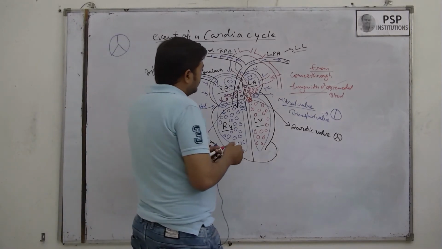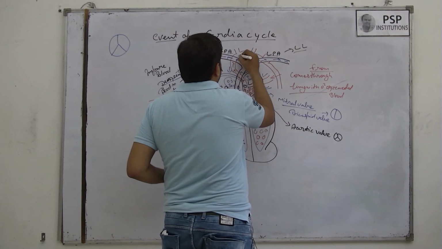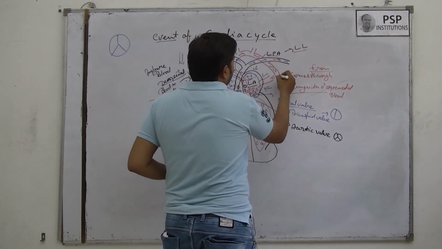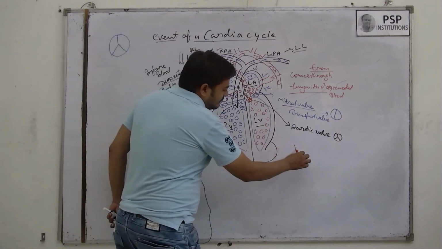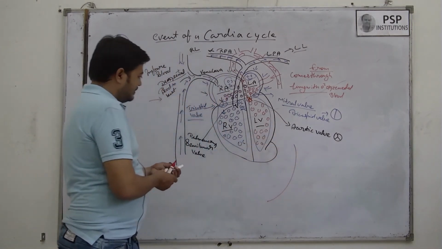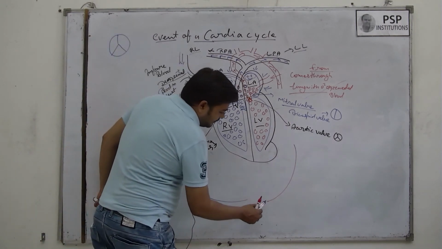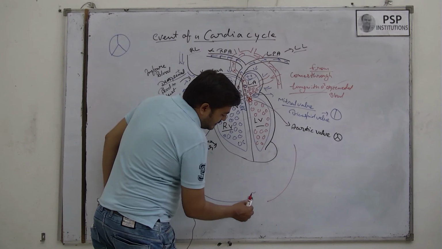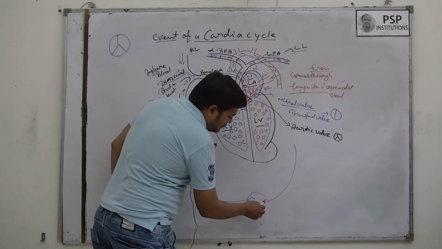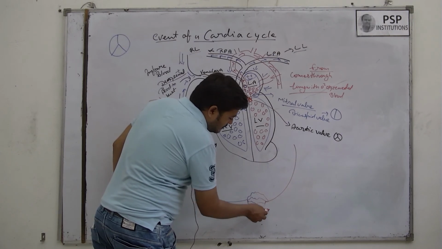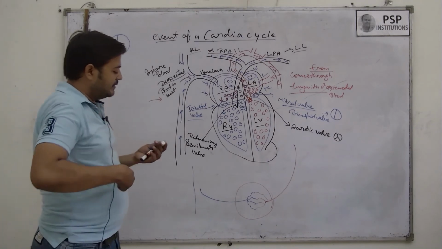Now moving forward, oxygenated blood goes to the full body, and here are our veins, and here are the capillaries, where the blood exchange, oxygenated to deoxygenated, happens.